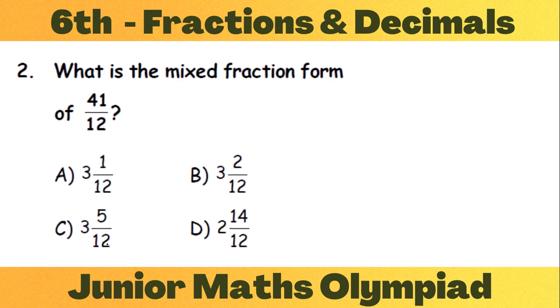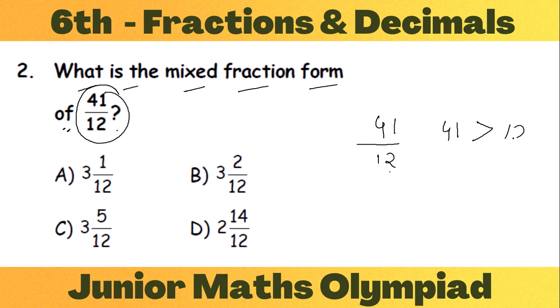Next, second question. What is the mixed fraction form of 41 by 12? In given question, we have 41 by 12 children. Here numerator is more than denominator. So this is called improper fraction.